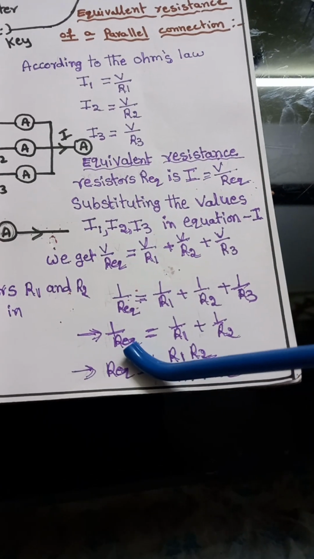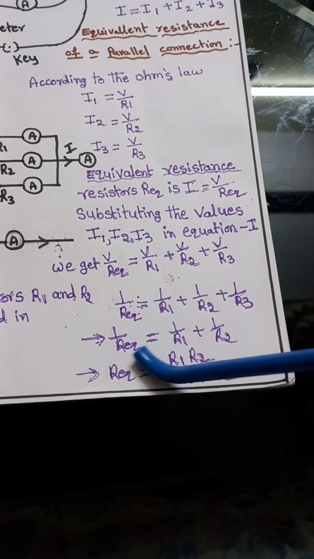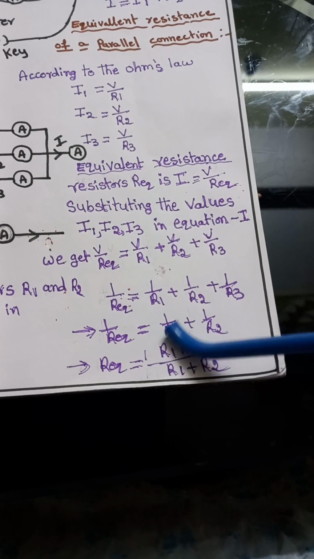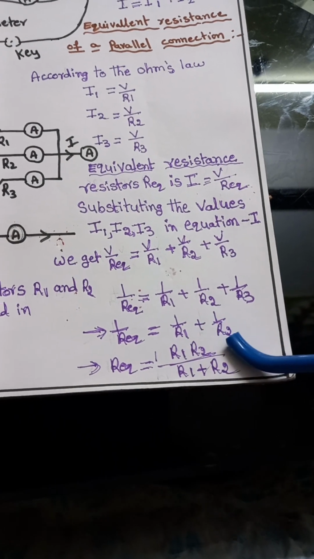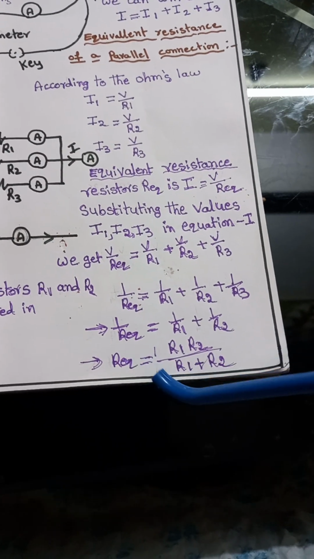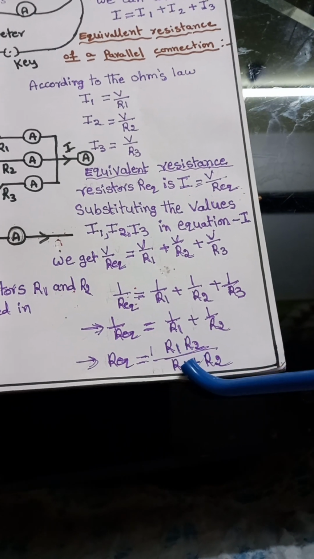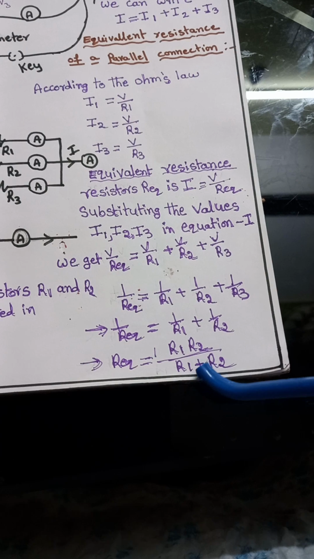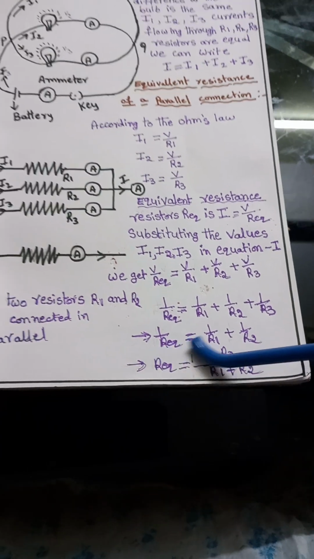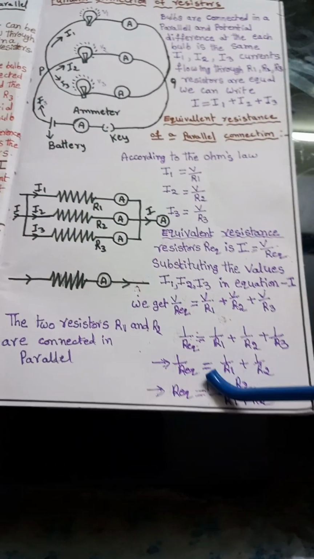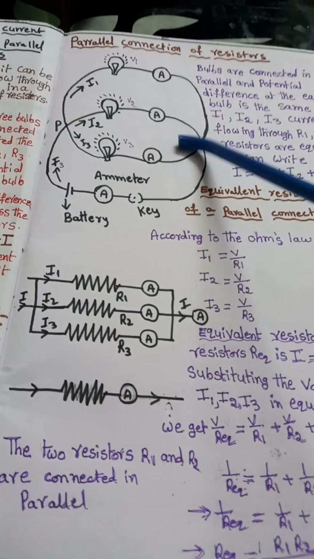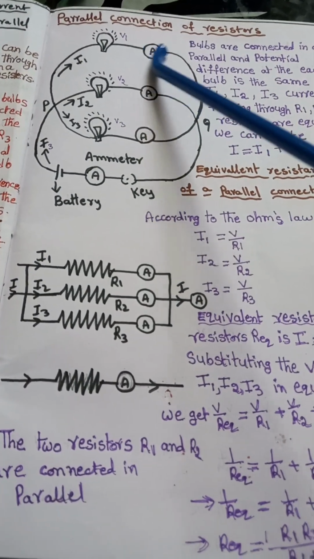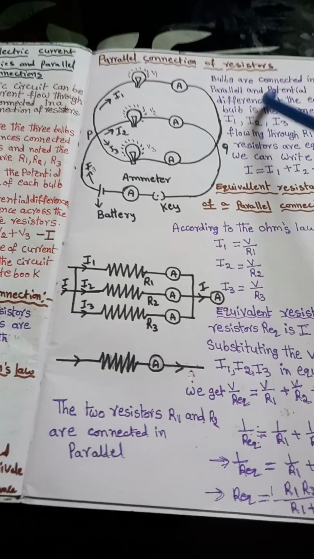For two resistors, 1 by equivalent resistance is equal to 1 by R1 plus 1 by R2. Then the equivalent resistance is R1 into R2 by R1 plus R2. So this is the formula for the parallel connection of resistors.